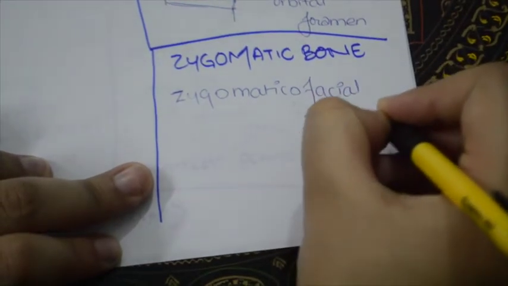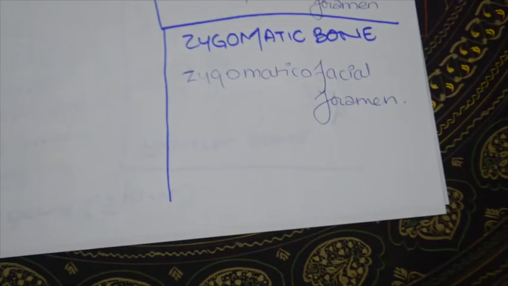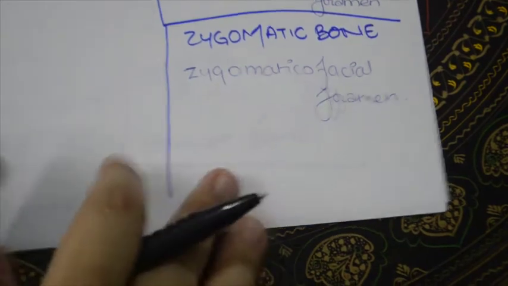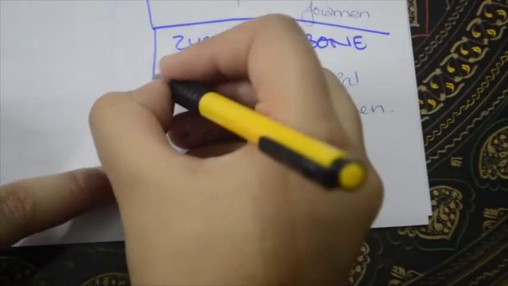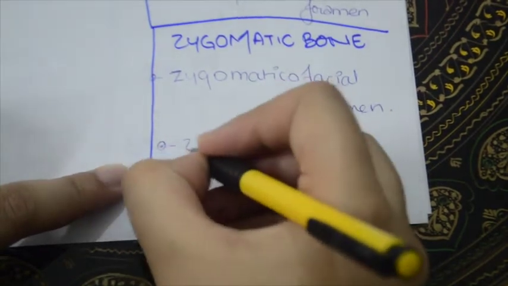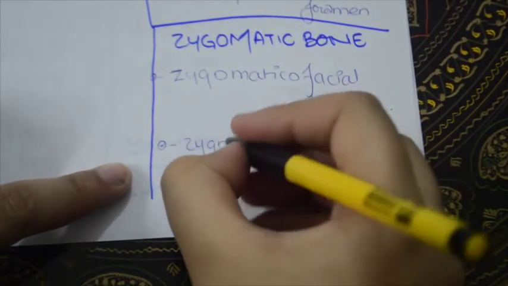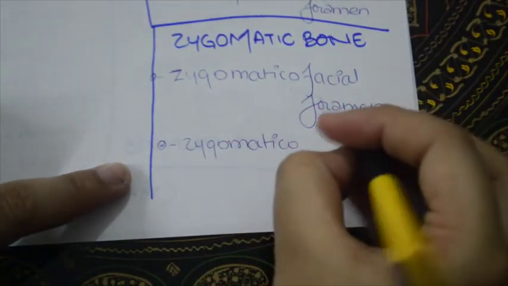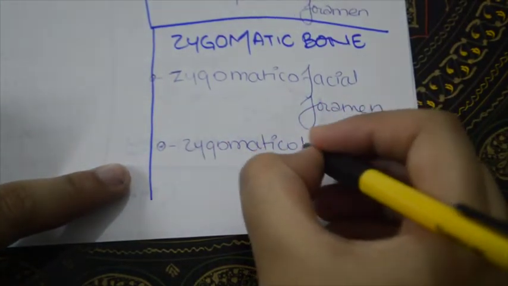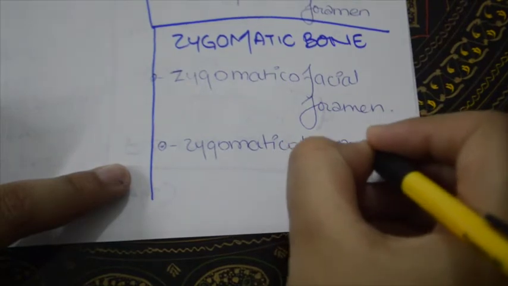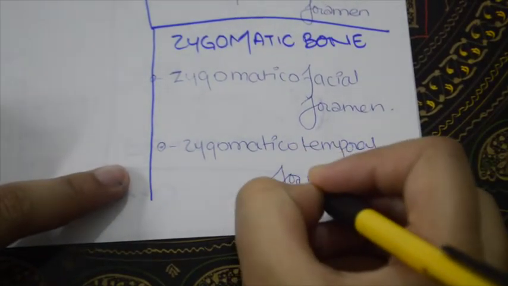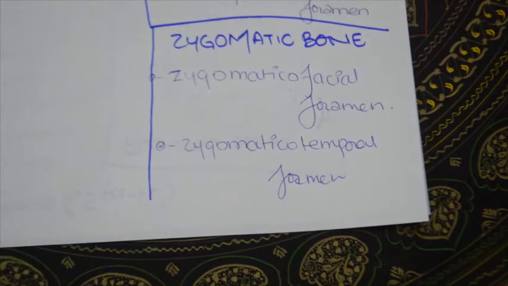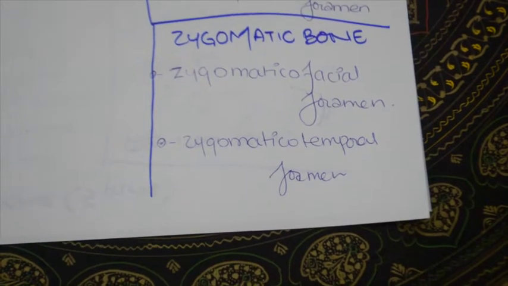You'll be able to see this foramen from the anterior aspect of the skull, and the second foramen is zygomaticotemporal. This will be seen in the side of the skull. It will be very easily seen from the side of the skull.